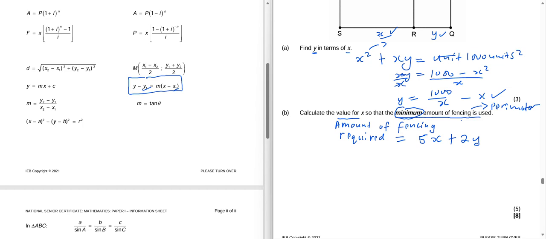And for us to find the derivative of these two variables, it's not something that we can do in one go. So it means we need to create one variable, meaning we need to destroy either x or y. But already we are given a hint to make y the subject of the formula.